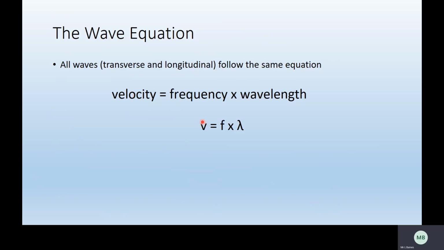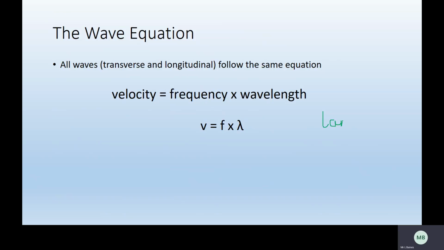I'm going to introduce these little symbols. Velocity is little v, same as before. Frequency is little f, which we've looked at before in our previous formula. But then we've got this idea of wavelength. So we've got this symbol, and this is called a lambda. I'll write that onto the screen for you now.